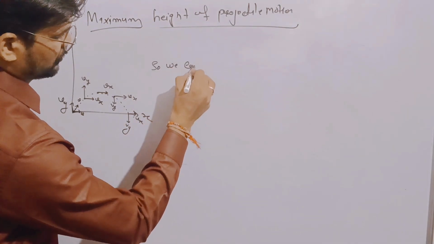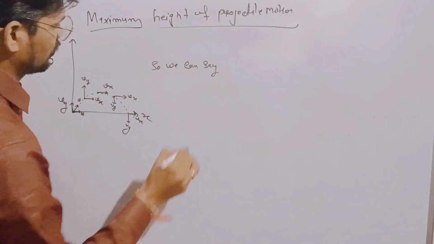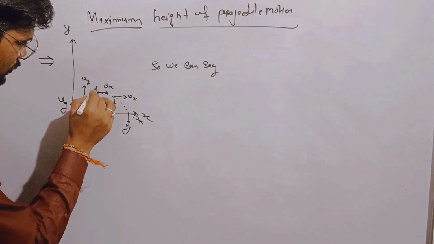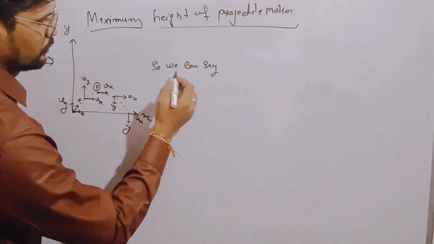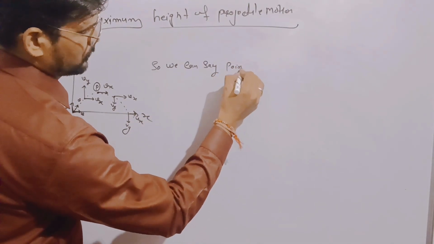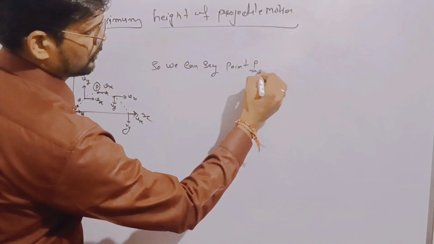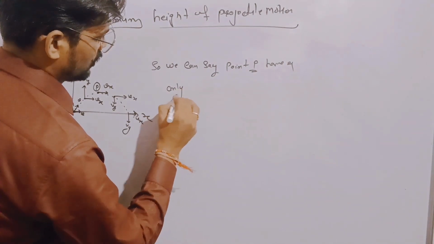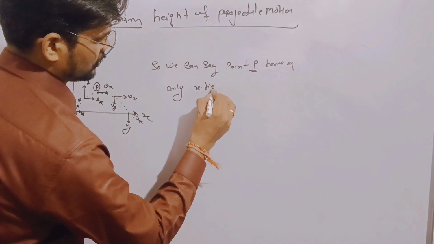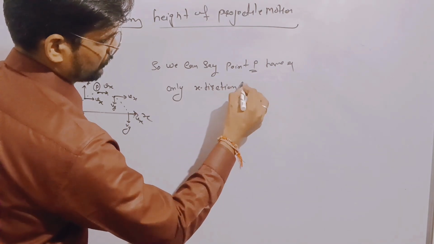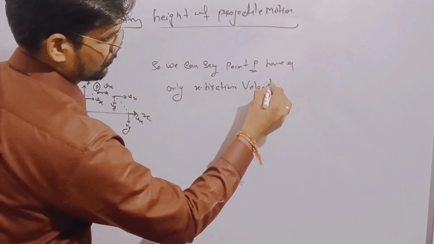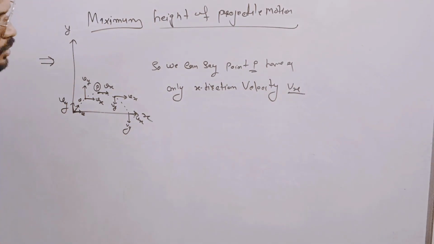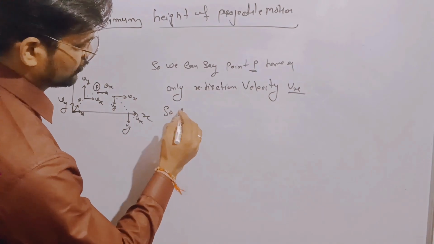So we can say at the point P, the point P has only x direction velocity vx.